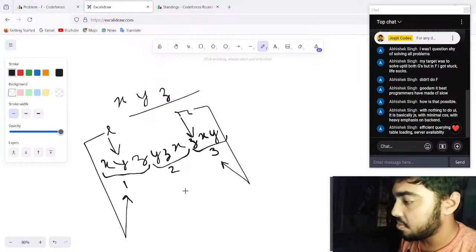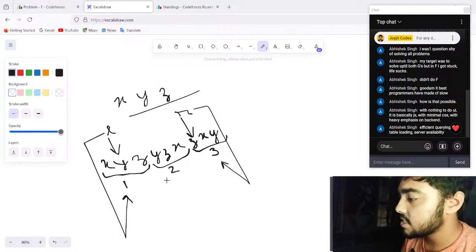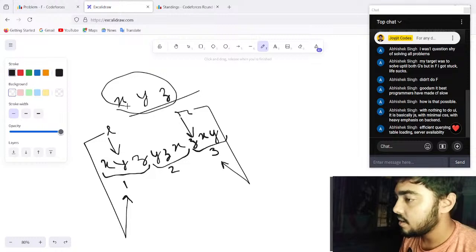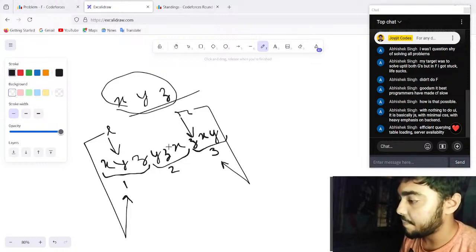Any group which is between 3 and 1, we have to take the sum of those groups as a whole. Basically the sum of this whole thing is going to be added, multiplied by the groups between them.